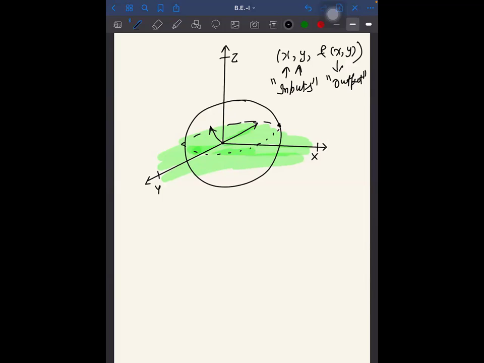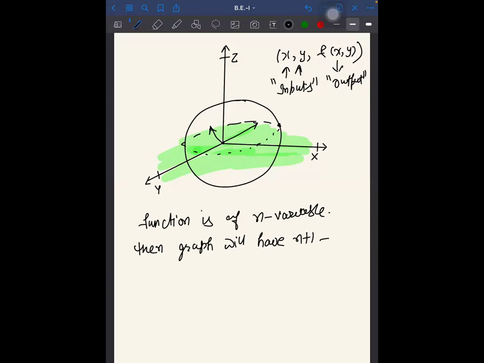So if your function is of n variables, then the graph will have n plus 1 tuples. Are you with me on this?